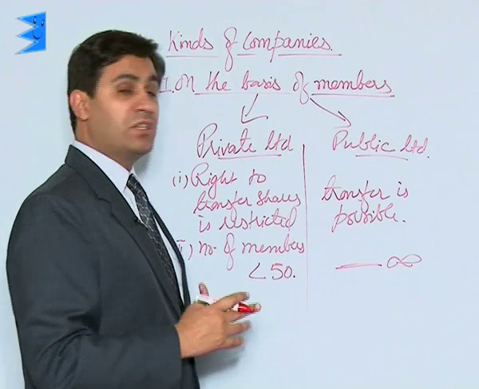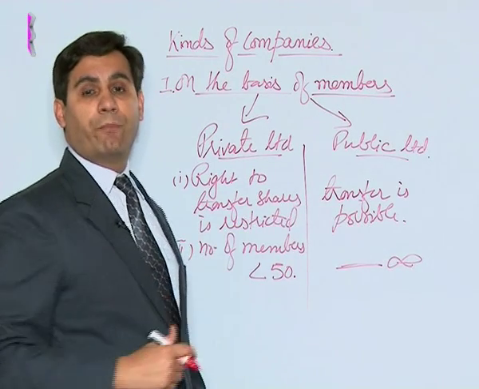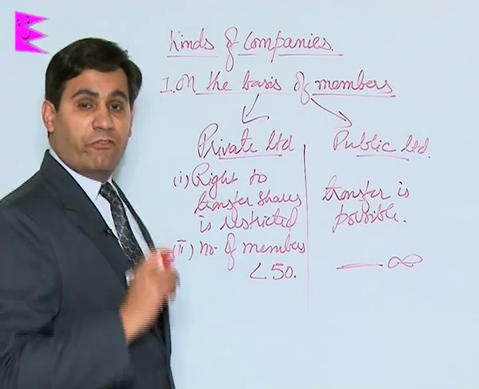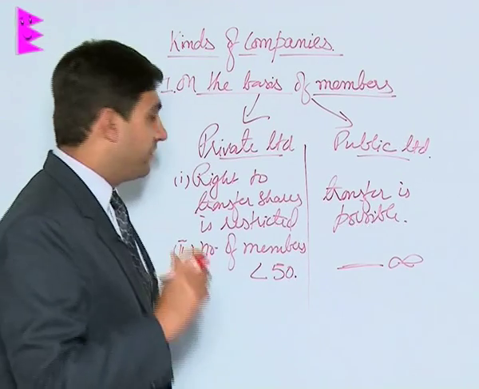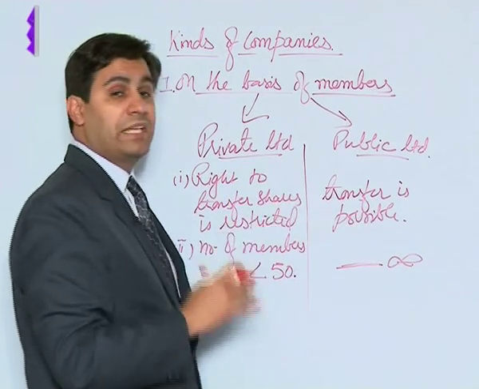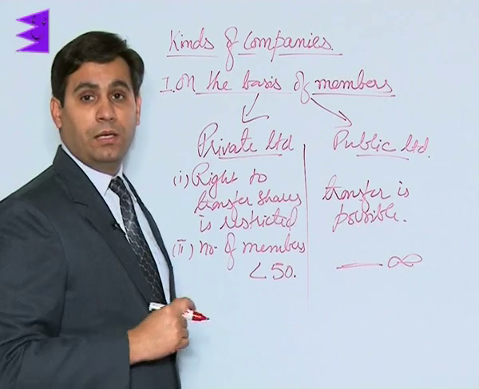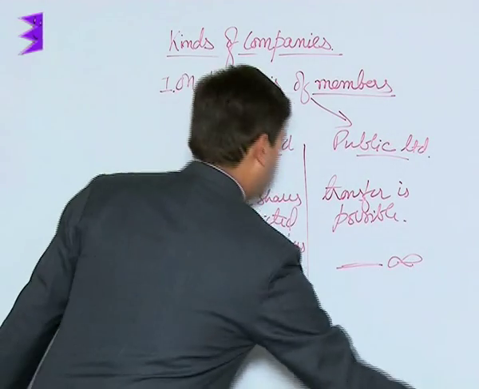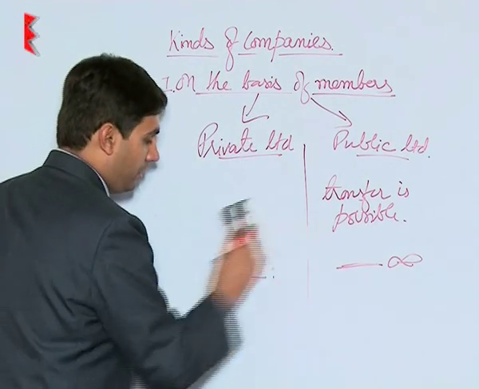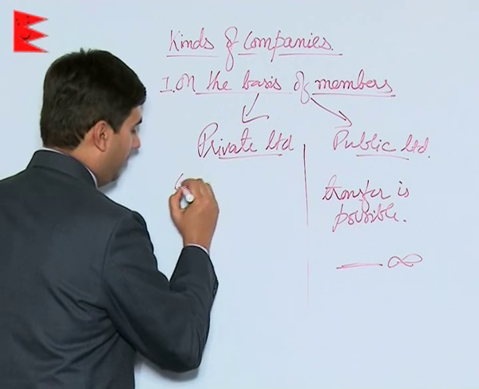Then there are certain procedural differences in their formation. But a very basic and fundamental difference lies in the fact that a private limited company cannot raise capital from public, right? It cannot raise capital from public.